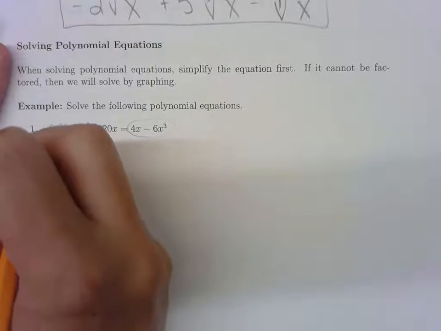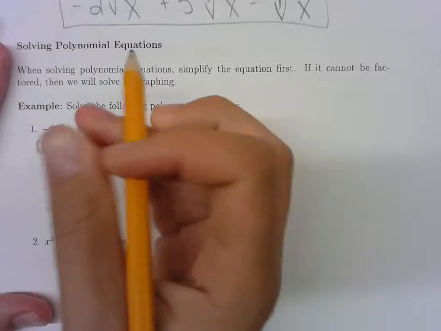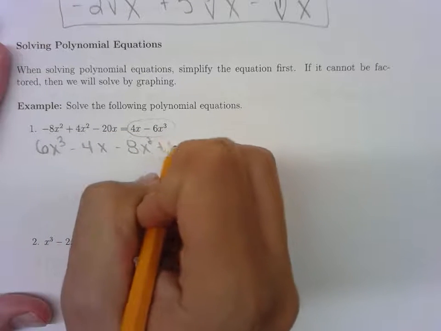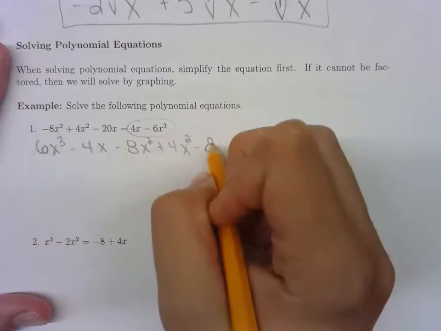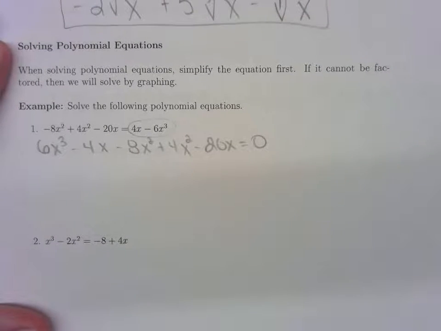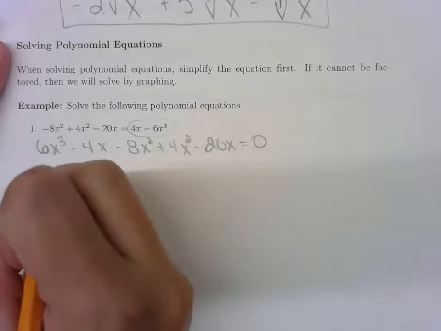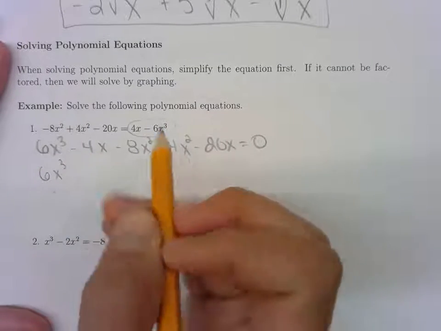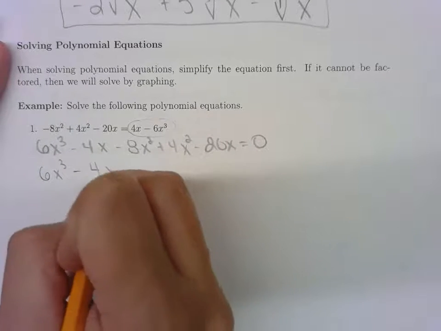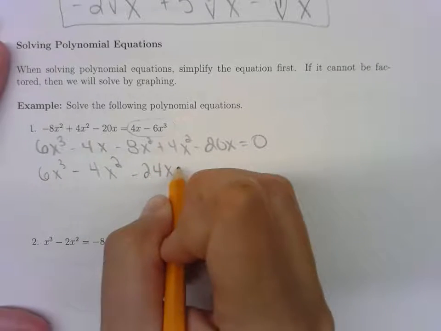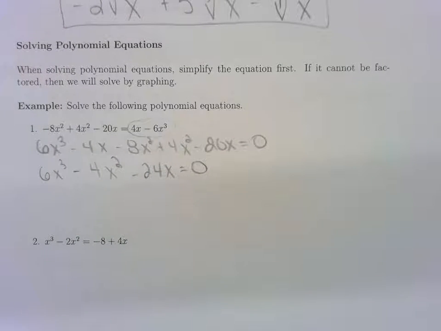So I'm going to have 6x cubed minus 4x minus 8x squared plus 4x squared minus 20x, and then we have equals 0 over here. Now I'm going to simplify here. So 6x cubed, these two can be together, so minus 4x squared minus 24x equals 0. I think that's correct.